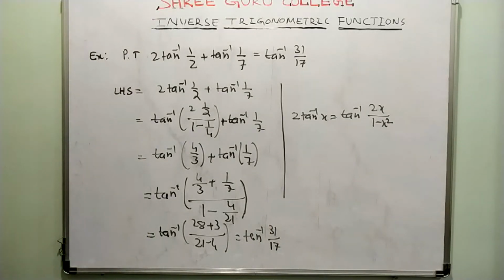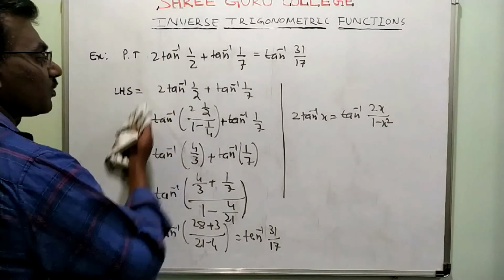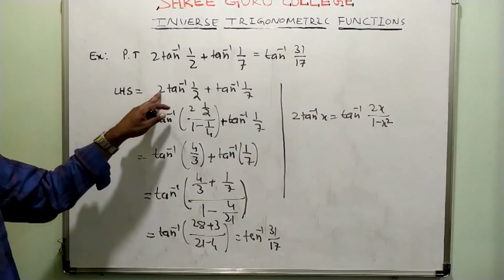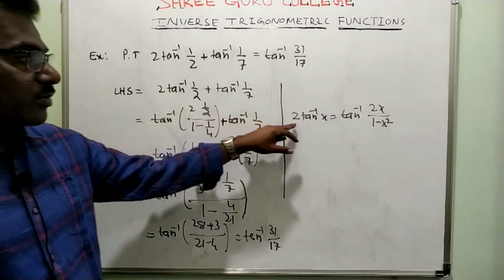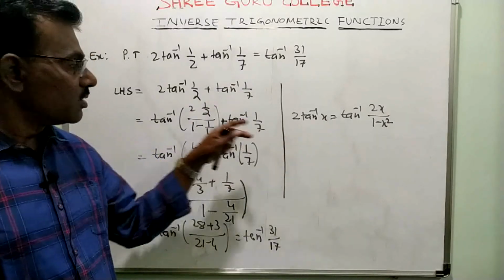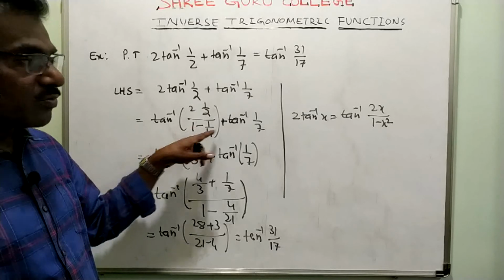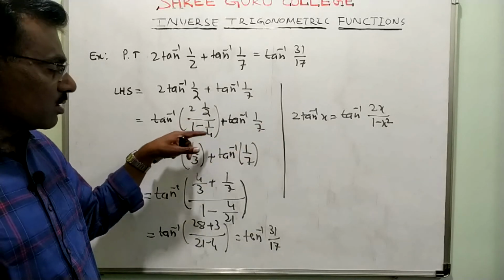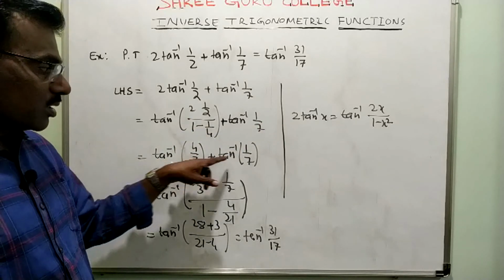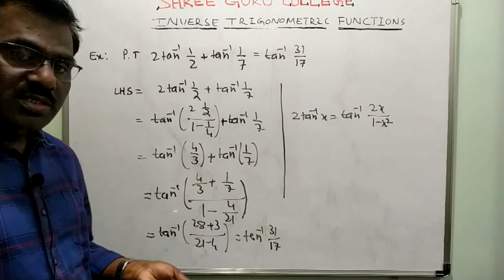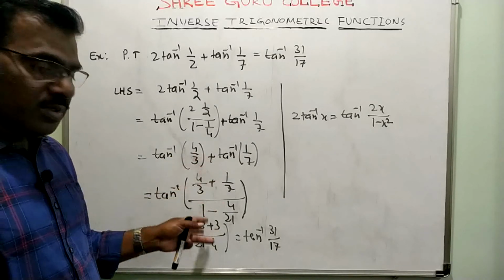This second problem is very important. 2 tan inverse of x is tan inverse of 2x by 1 minus x square. Here x is 1 by 2, which gives tan inverse of 4 by 3, and then repeat the same formula, x plus y by 1 minus xy.